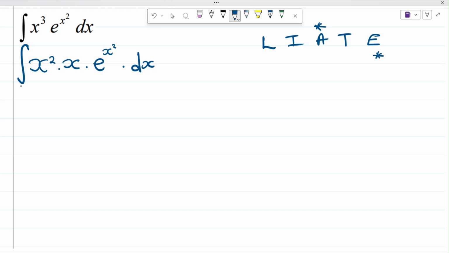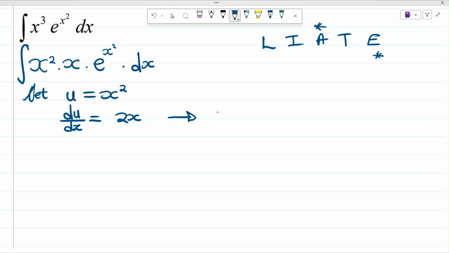So now I'm gonna let u be equivalent to x squared. From here, I differentiate u. So du dx is going to be equivalent to just 2x, right? So I try to make dx the subject of the formula.